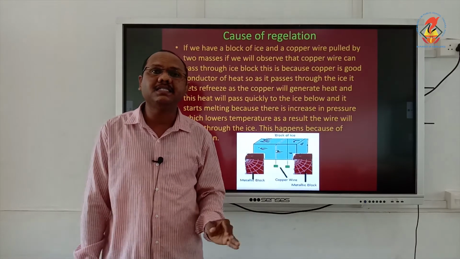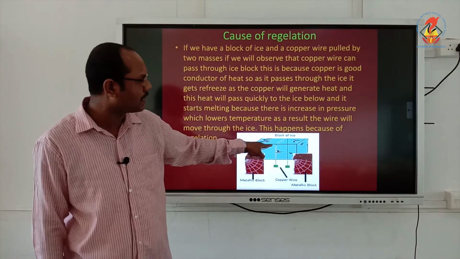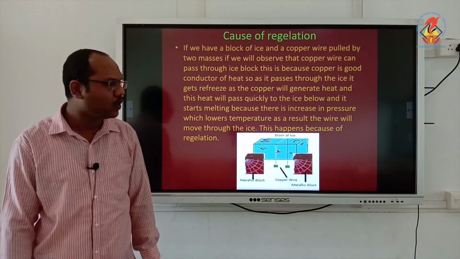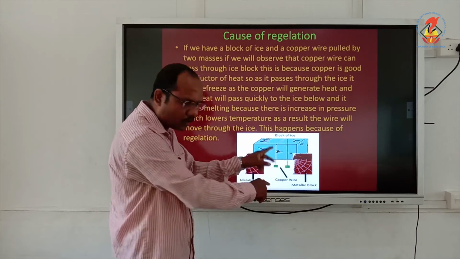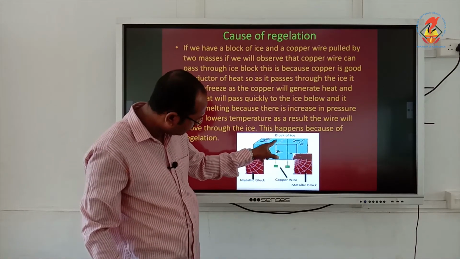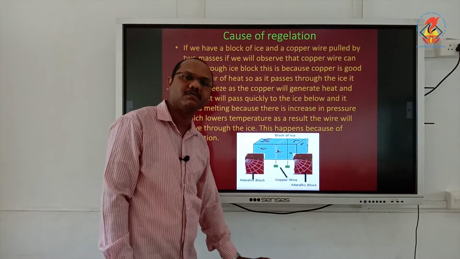So ice will start melting only from the point where that copper wire is lying. So ice will melt and the copper wire will slowly move down, pass through the ice, and finally the copper wire along with the mass will fall down.